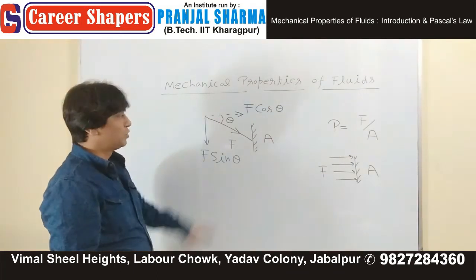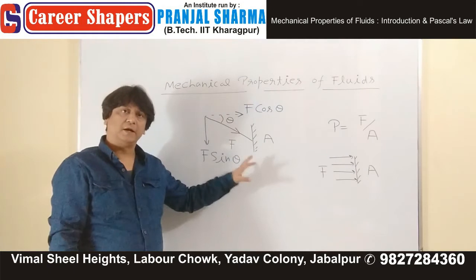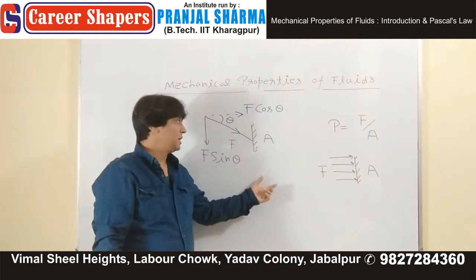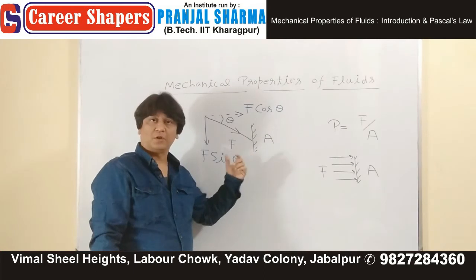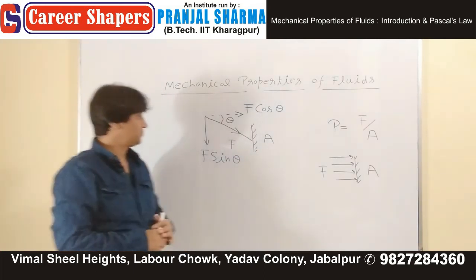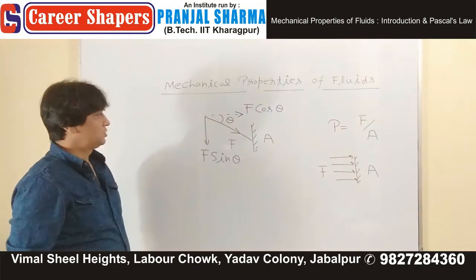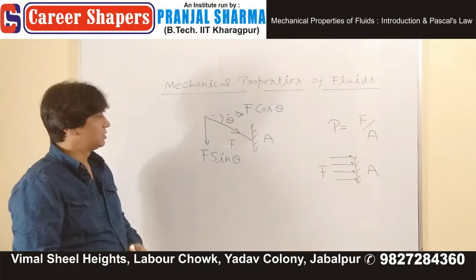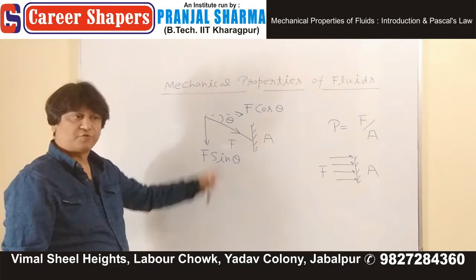What do you think? Which force component is going to produce pressure? Is it the cos component or the sine component? Mention this in the comment box. Which component is ultimately going to produce pressure on this surface?